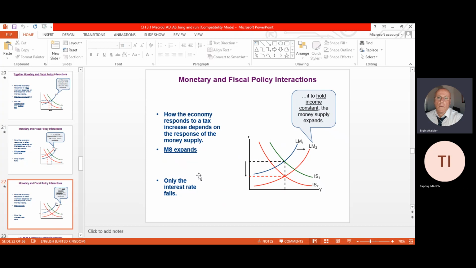Therefore, only the interest rate is supposed to be reduced in these cases, as it is indicated here. And when the interest rate falls and the income is constant, as you see, the liquidity money is enlarged from LM1 to LM2, but IS, investment saving, is then going back to the origin.